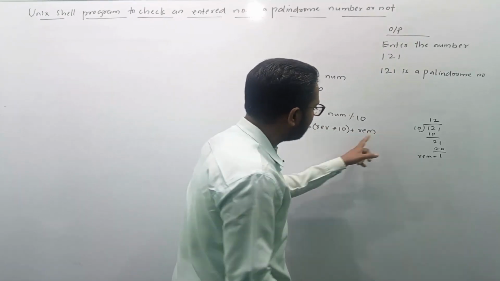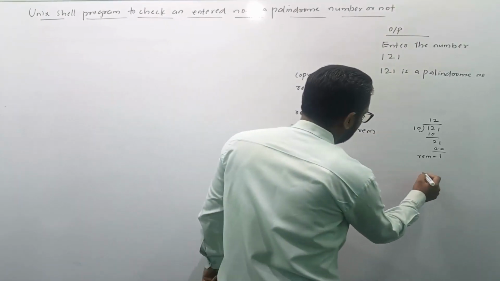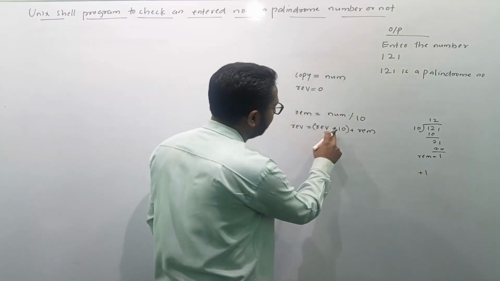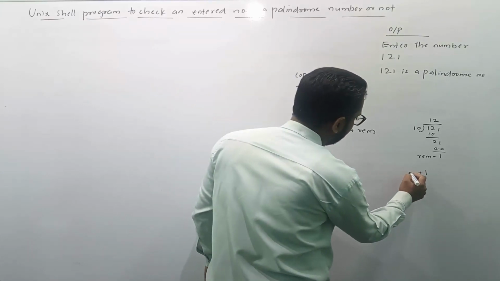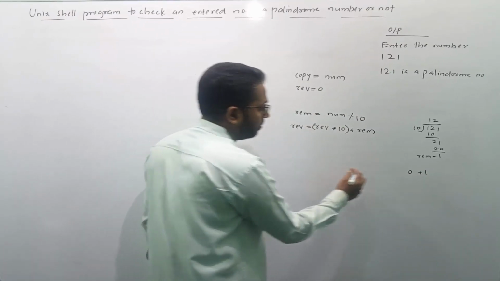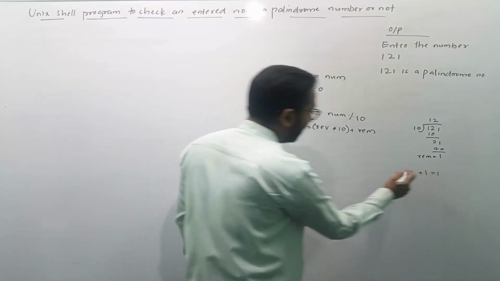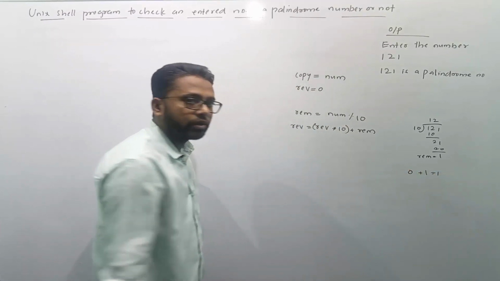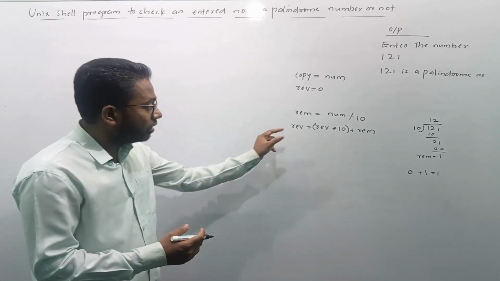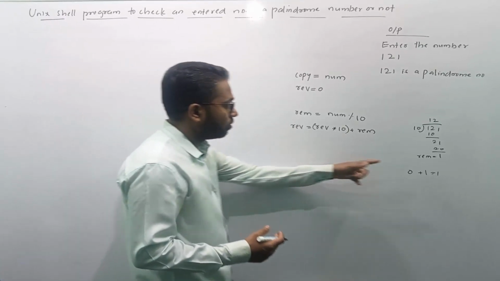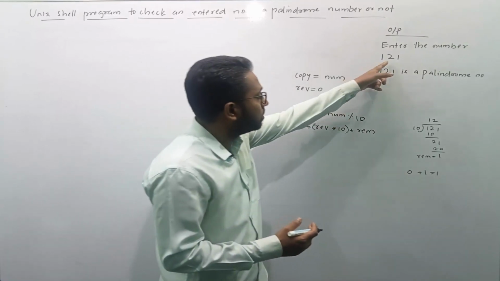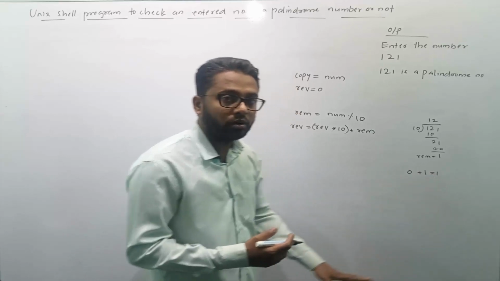We have the remainder 1 here. So 1 plus reverse, which is 0, into 10. We will get 0, so 0 plus 1 gives us 1 as the answer, and that 1 gets stored inside reverse. Now the first digit of our reversed number is 1.